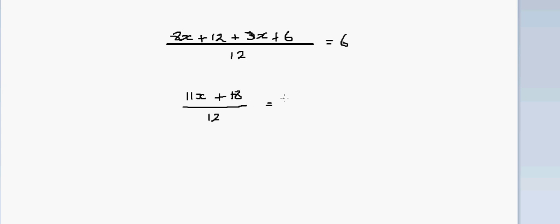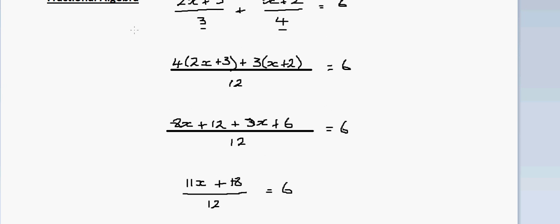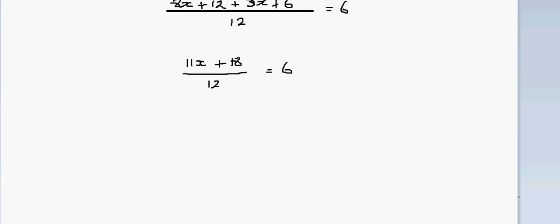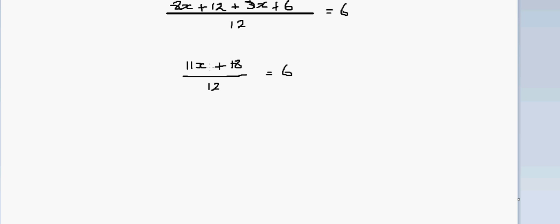And this will still equal 6, because all we've done is we've changed the thirds and the quarters into 12ths. Okay, but what we've done is we've got rid of the brackets, we've simplified it, and we've collected our like terms. So we've got 11x plus 18.